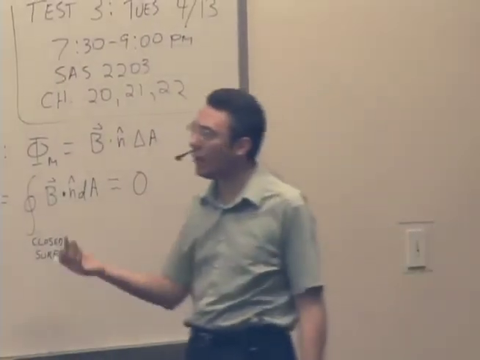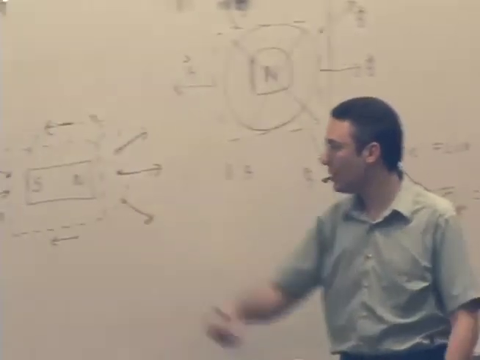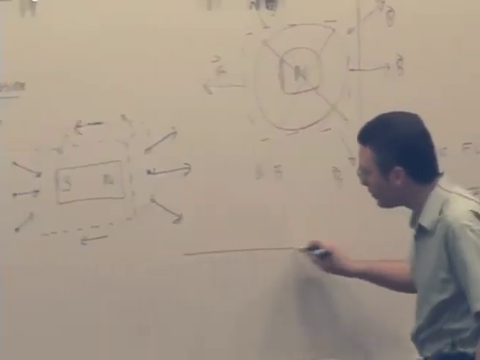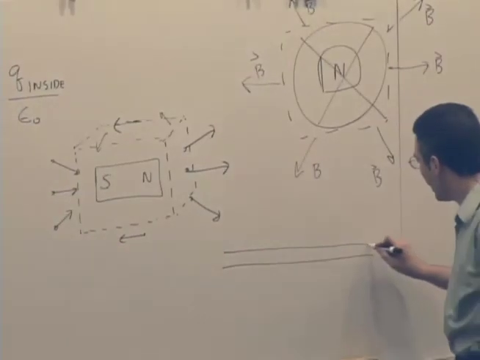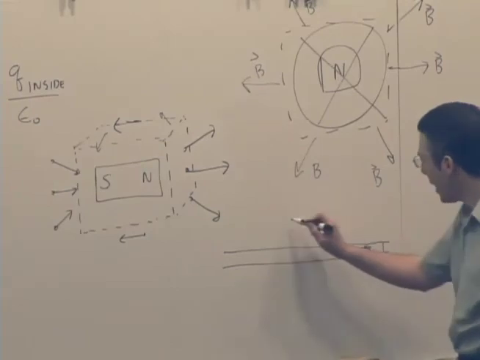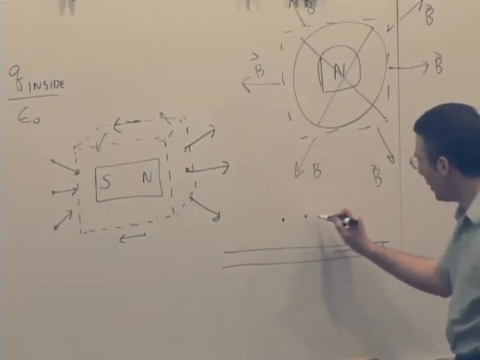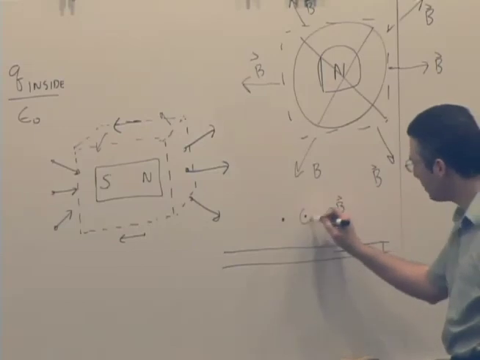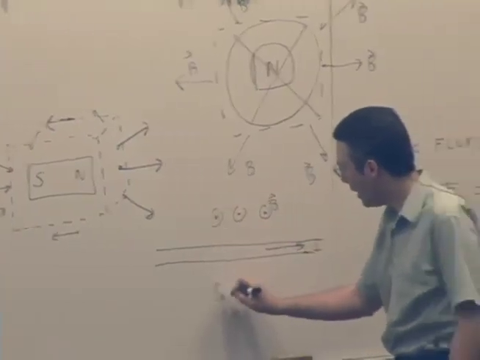The only thing we can have are dipole situations, or, if you have a current, what would a current give you? Here's a wire carrying a current. You have magnetic field coming out at the top, field going in at the bottom.